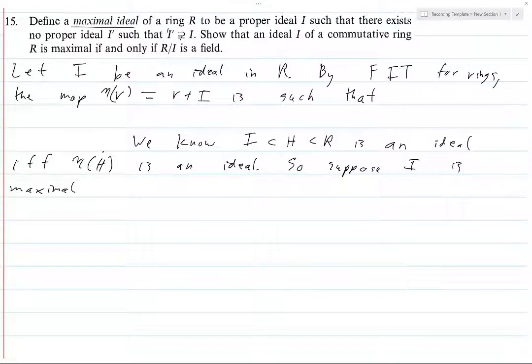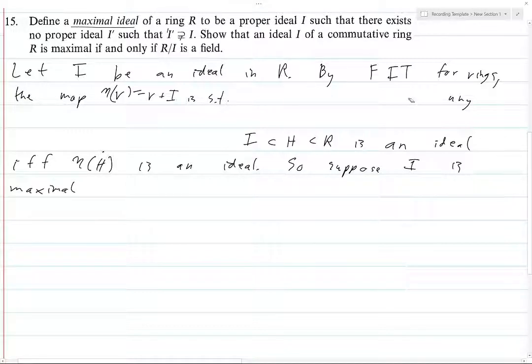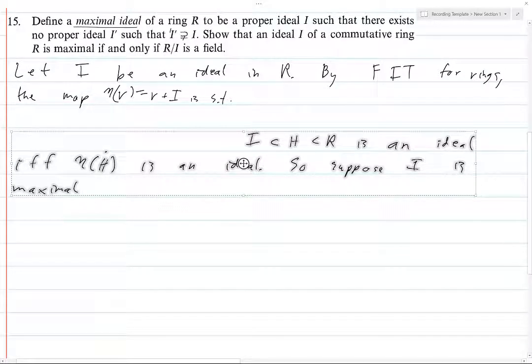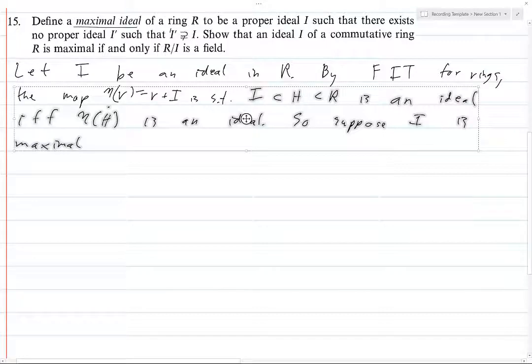So by the first isomorphism theorem, this map, eta of r equals r plus I, is such that I contained in H contained in R is an ideal if and only if H is an ideal.